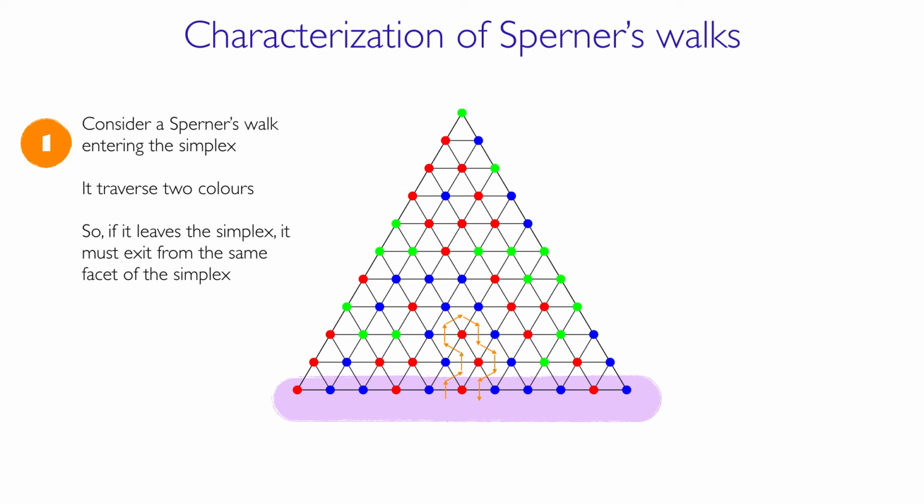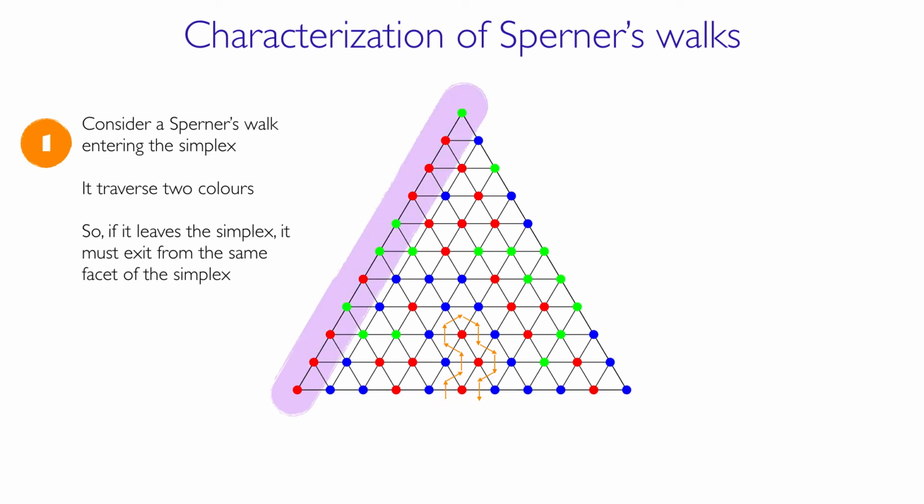The proof is easy. At each step, the Sperner walk traverses only facets of subsimplices with a fixed set of n labels. If we focus on the facets of the simplex, these facets of the subsimplices are present only on the facet from which the walk entered.